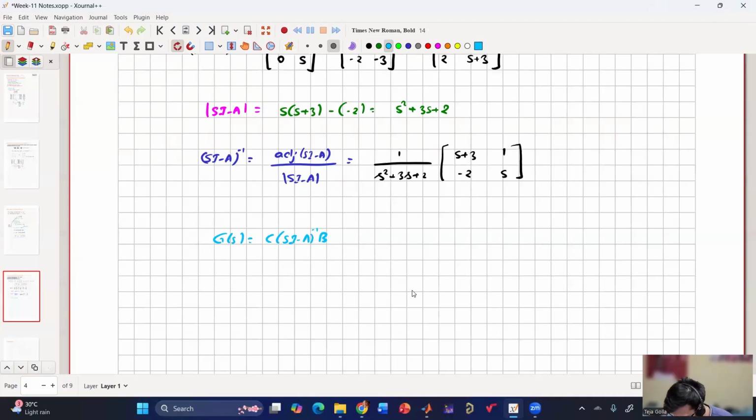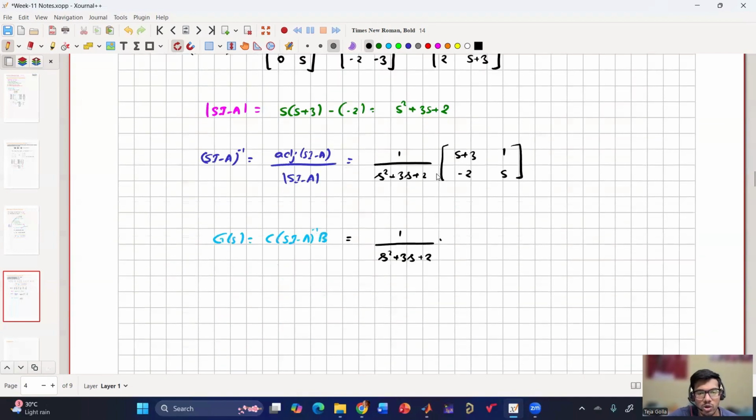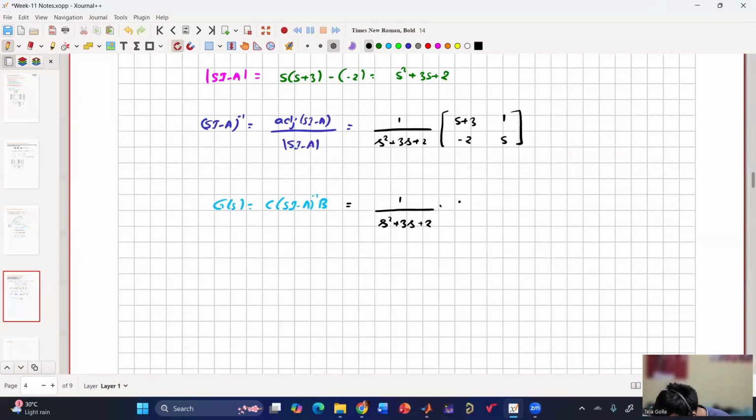So I'll take the determinant outside, which is 1 by s square plus 3s plus 2. Then C is 1 0 and B is 0 1. So C is [1 0] into the adjoint [s+3, 1; -2, s], and B is [0; 1].